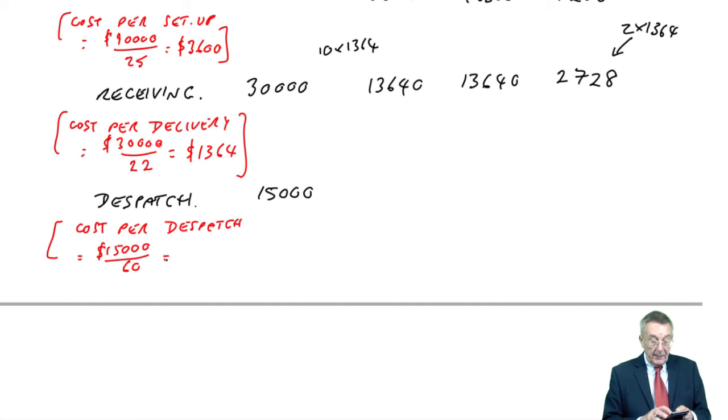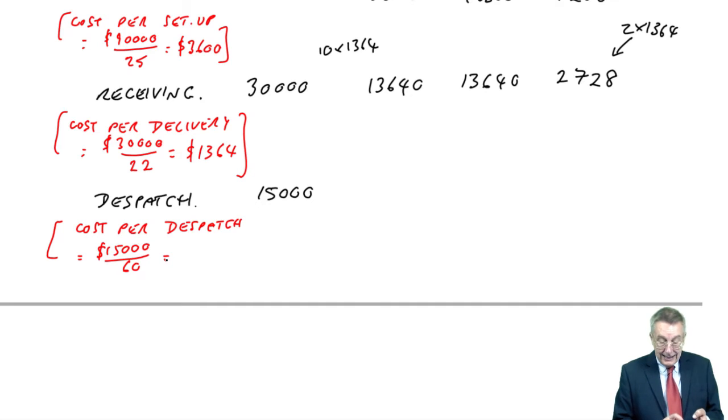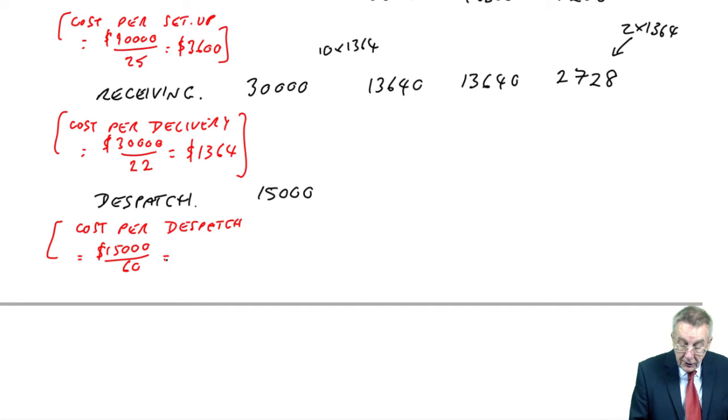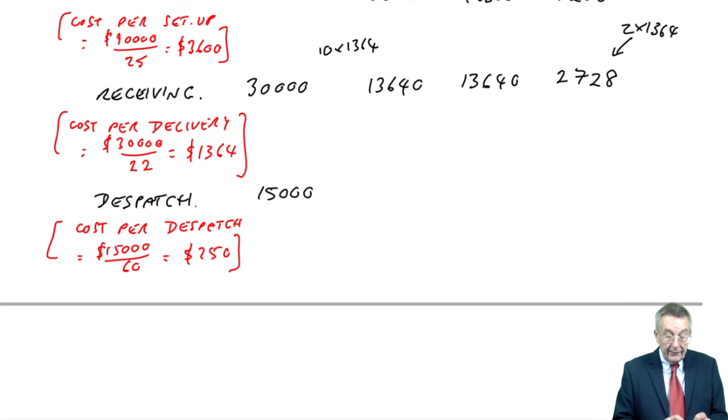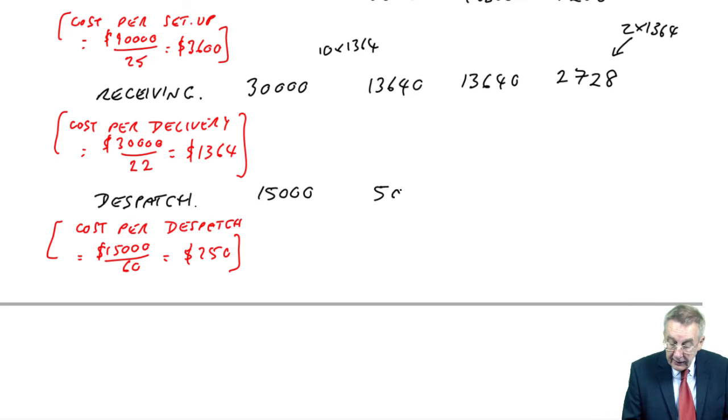And so the cost per dispatch is 250. And charging it to the products, 20 at 250 each time, it'll be 5,000 in total to each product.